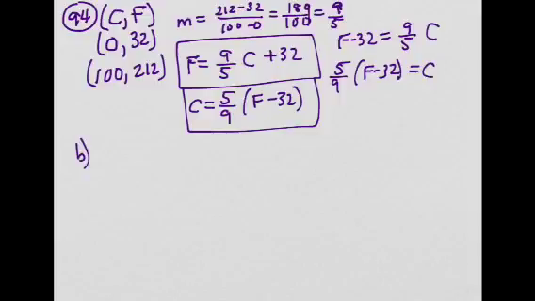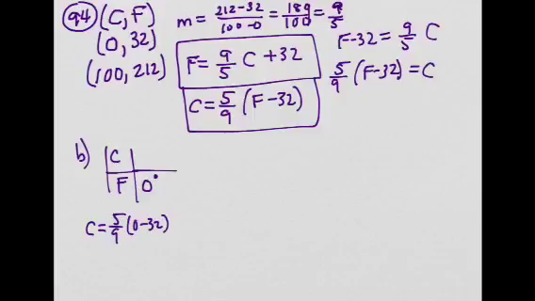You know, the first one where they give you F as 0. Okay, so for that one, I'm going to use this equation right here because I want to know what C is. So I'll put it right here on the work below. So C equals 5 over 9 times 0 minus 32.